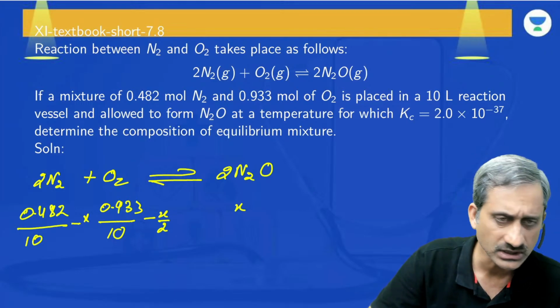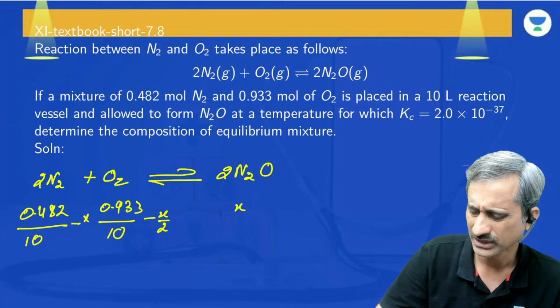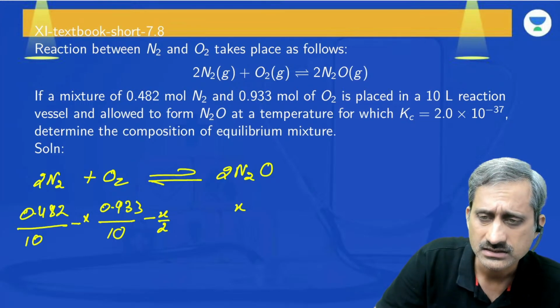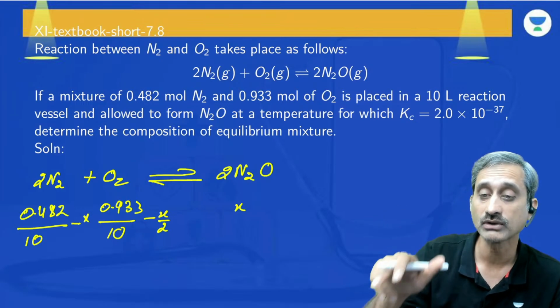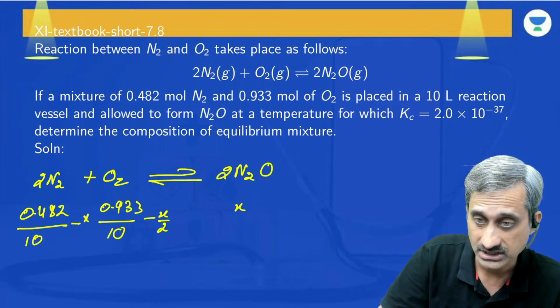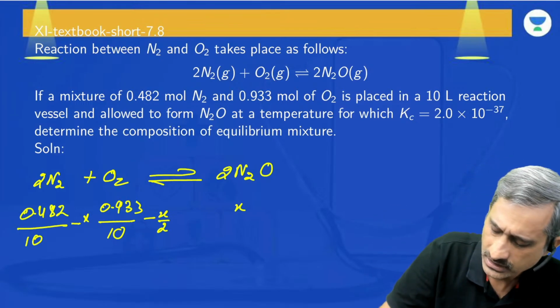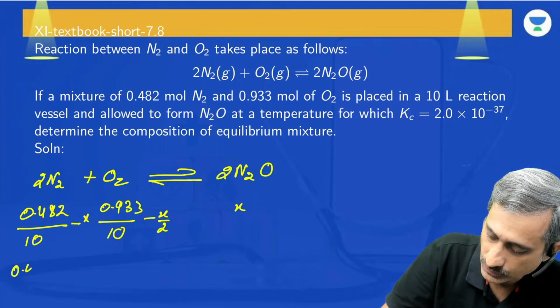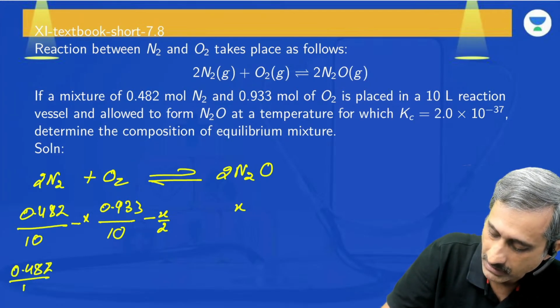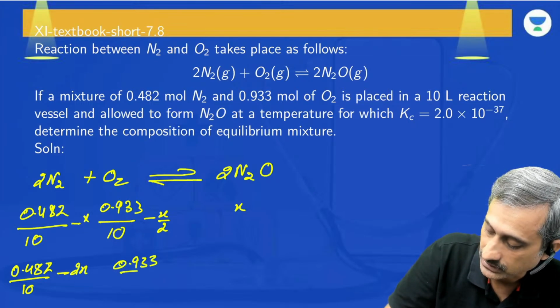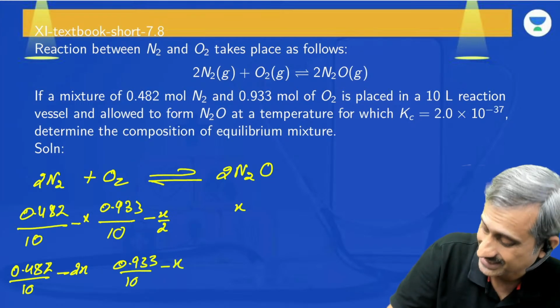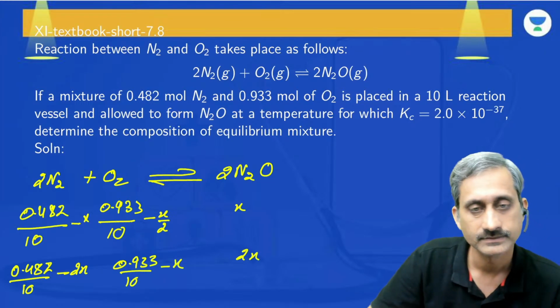Anybody has a confusion here? Or rather than putting X, you can put 2X. Your wish. You can put 2X, but you need to remember that you have taken 2X instead of X. So you can write it as 0.482 by 10 minus 2X, 0.933 by 10 minus X, and here it is going to be 2X.